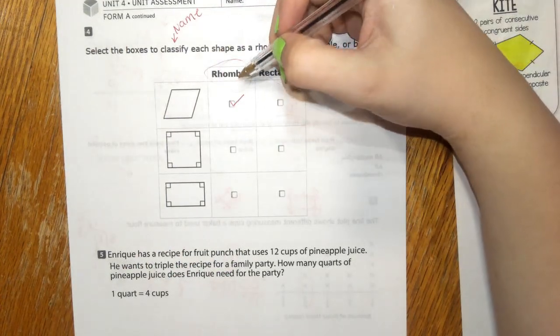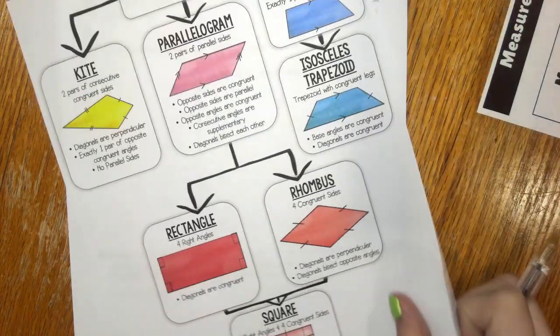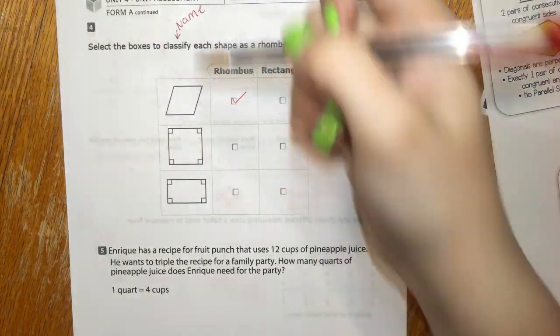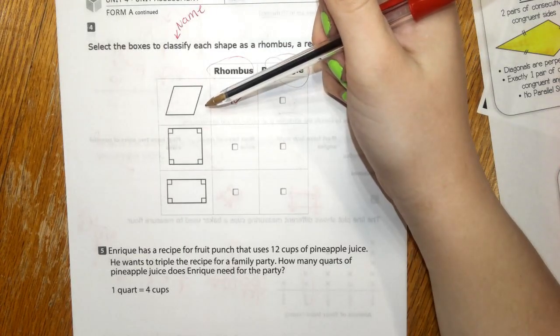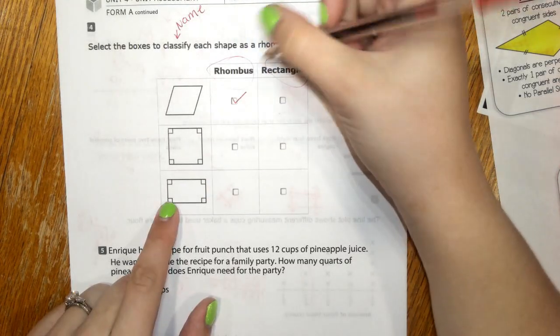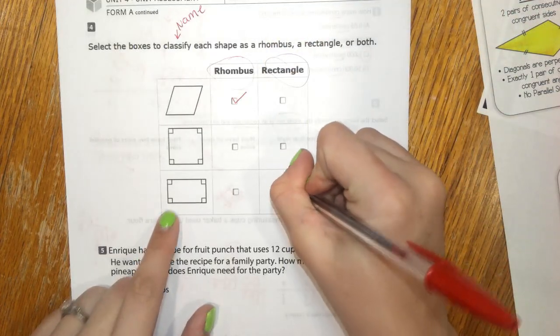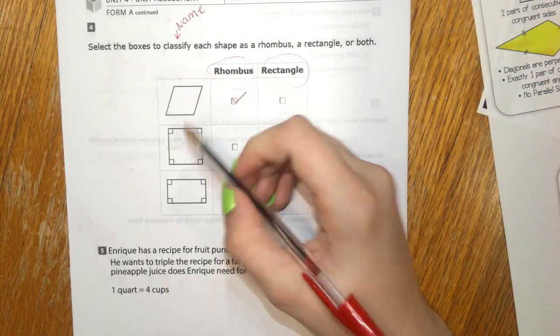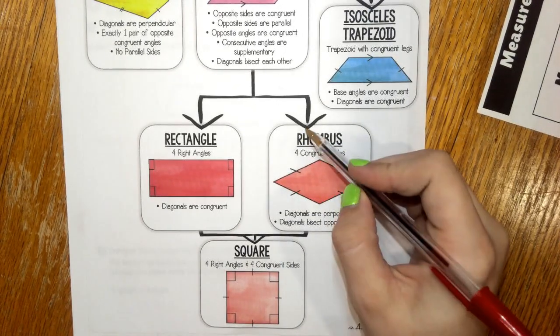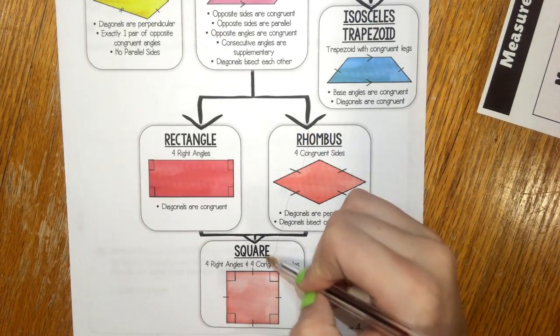And I just talked about how a rhombus does not have right angles. So it does not have to have right angles. So I'm not going to assume it's these two. But I can look at this and see that this is a rectangle. This one is a square. So if you look at the flow of the hierarchy, everything that I go down matches.